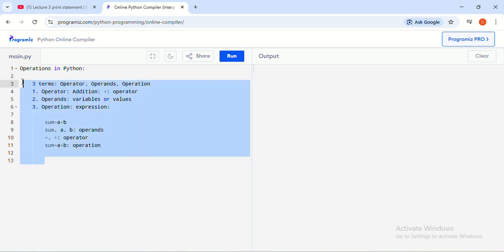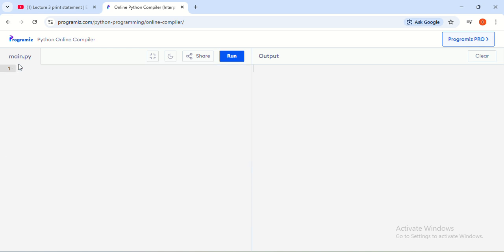So I am going to delete this one first so that we can just mention all the operations in Python. There are multiple types, but I am going to discuss a few of them today, and then we will discuss some of them in the next lecture. So there are multiple categories.